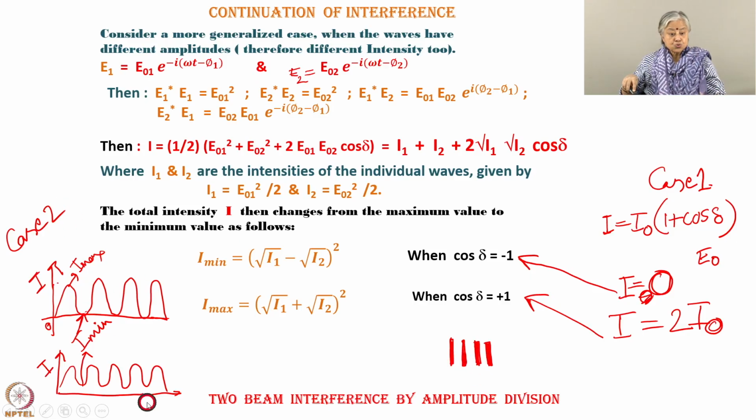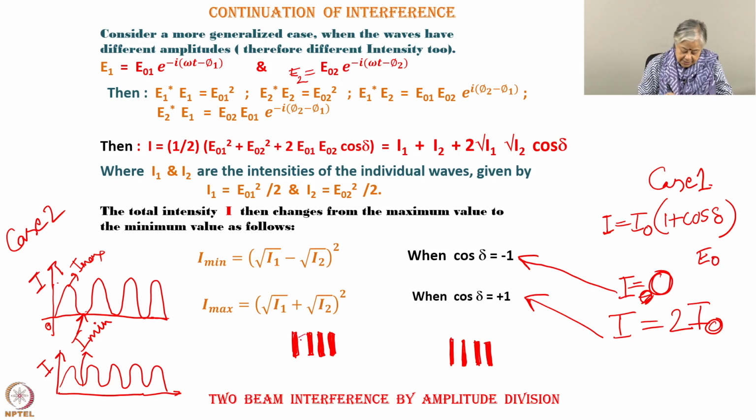Then what about this case 2? In case 2, you will have fringes like this. These are the maximum intensity. Suppose I am calling this red part the maximum intensity, and the in between part is dark, the minimum intensity. So the minimum intensity is not absolutely 0, it has an I minimum given by this formula, which is not 0.